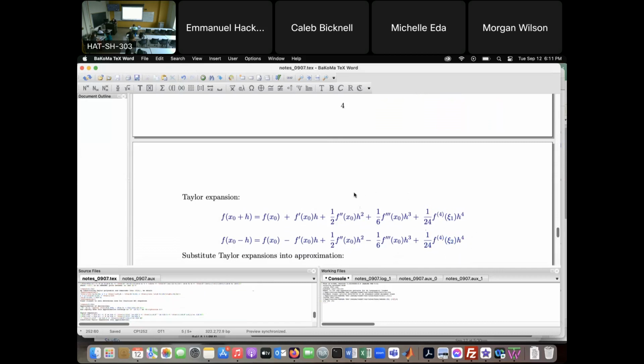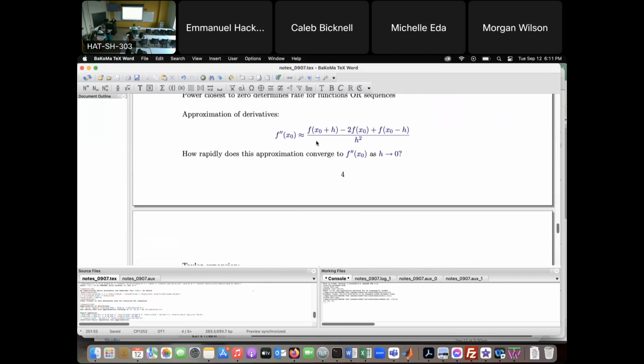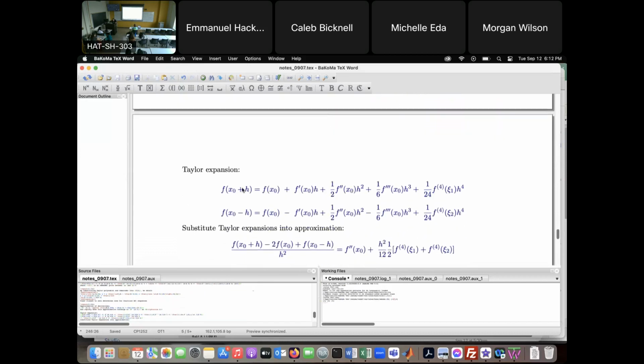Like in the previous example, I'm going to take these two Taylor expansions and substitute them into this fraction right here. Notice we have f of x naught plus h here and plus f of x naught minus h here, so these get added together. That means these terms, f prime of x naught times h, are going to cancel. These terms are going to cancel.